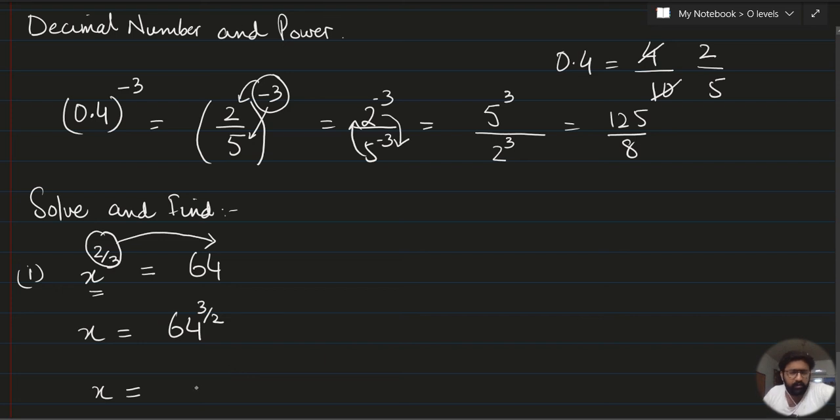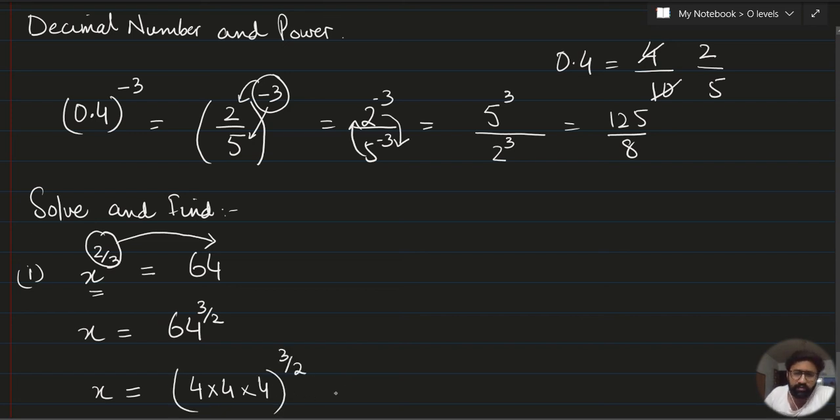So it can be in the table of 2, it can be 4, it can be 8. Let's start with 4. So 4 multiply by 4 multiply by 4 is going to give you 64, and the whole power is 3/2.